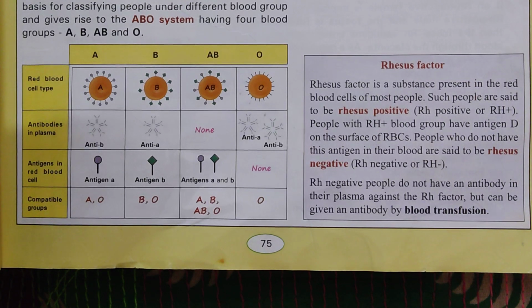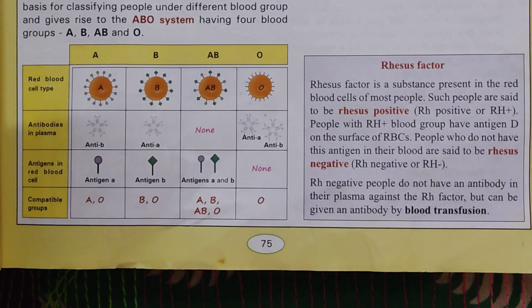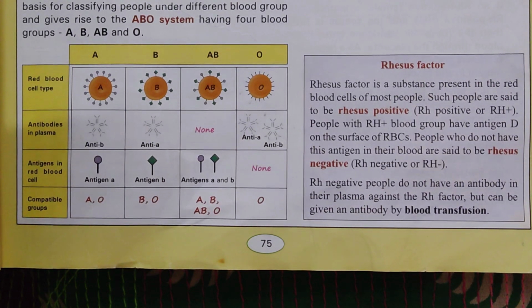So that means what? The main thing by which you can recognize your blood group is the red blood cell. The presence of which type of antigen and which type of rhesus factor is present on the red blood cell will decide the blood group.